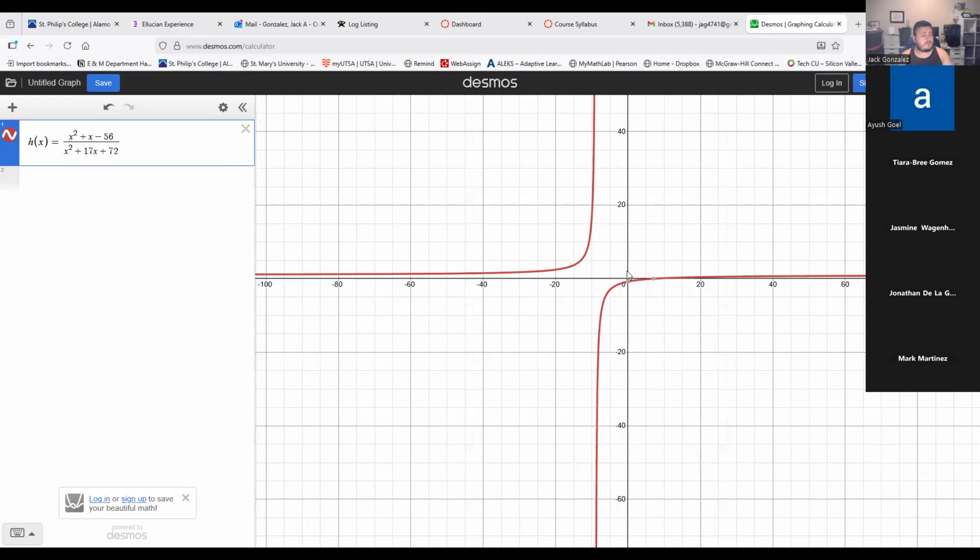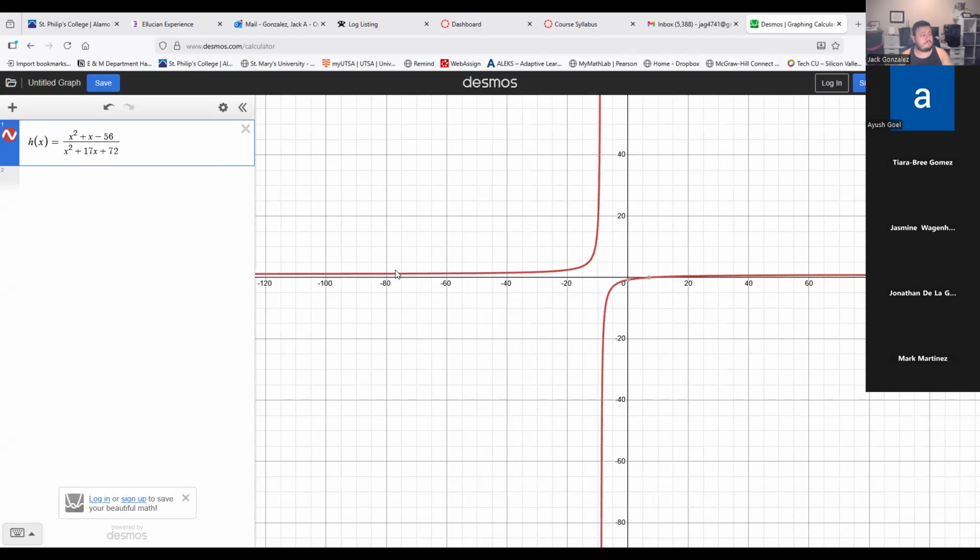So just by eyeballing it, do you agree that it hits all the X's, all the positive X's, right? To the right, it just keeps going. And then it hits all the negative X's.